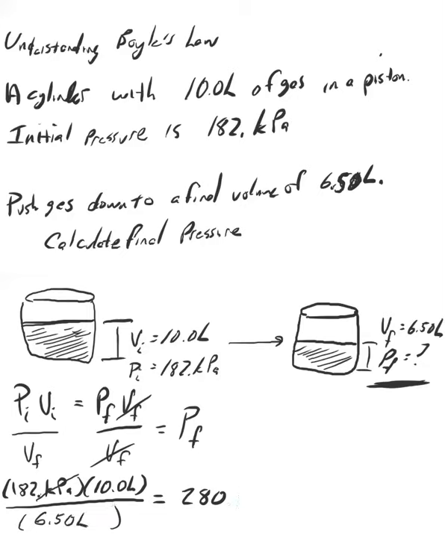Okay, so 182, that would be kilopascals. Sorry, a technical glitch here for some reason. Okay, so liters are going to cancel. It's not kilopascals that cancel, it's liters that cancel.